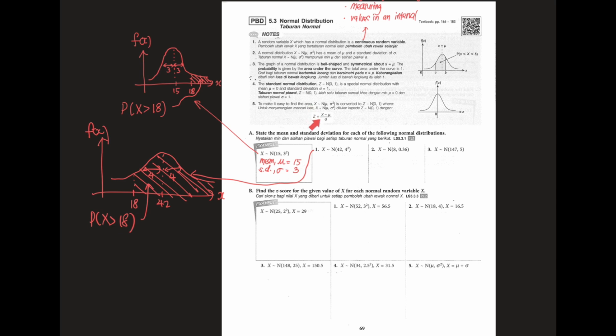There is a formula, given here. You want to change it to Z, right? You take your X minus the mean, divide by the standard deviation, then you can change it to Z. When you change it to Z, Z is a normal distribution with mean 0 and standard deviation 1. Mean 0 means your maximum is at 0.